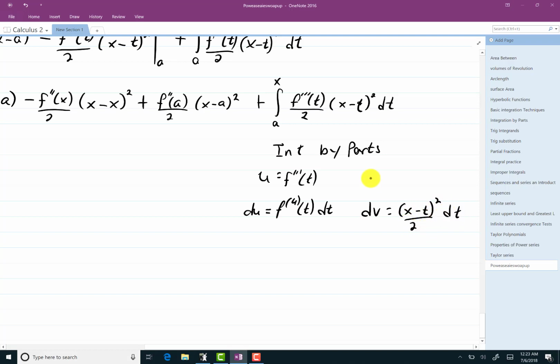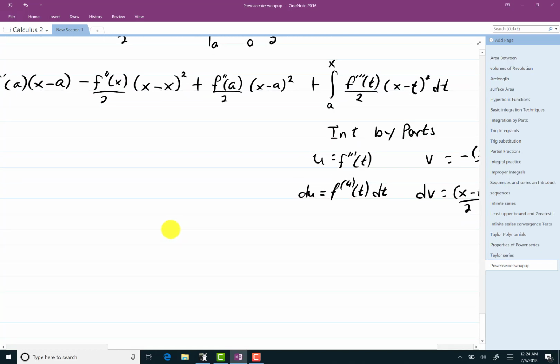When you integrate, once again let w equal x minus t. dw will be negative 1, and you'll end up with negative x minus t cubed over 6. That'll be 3 times 2.